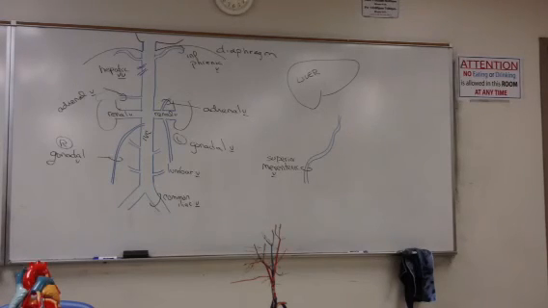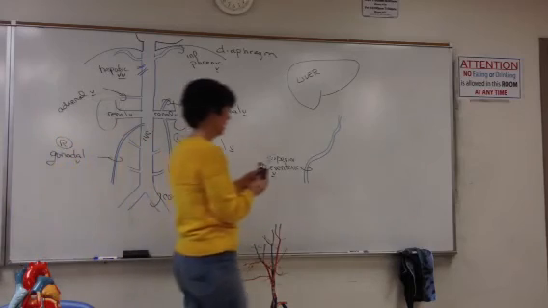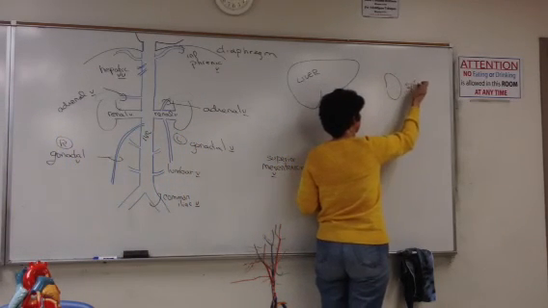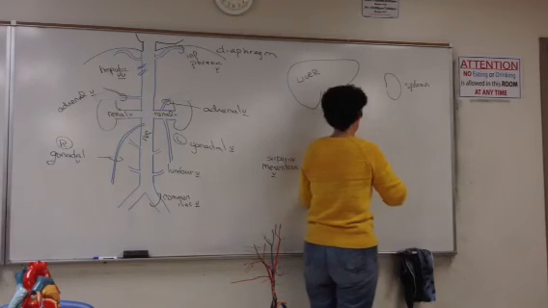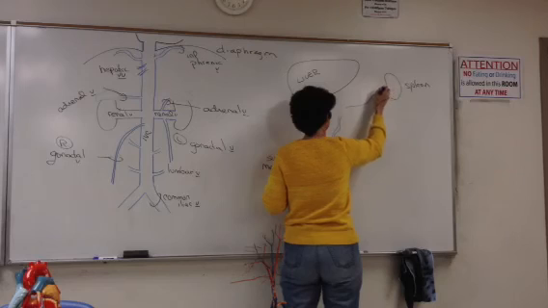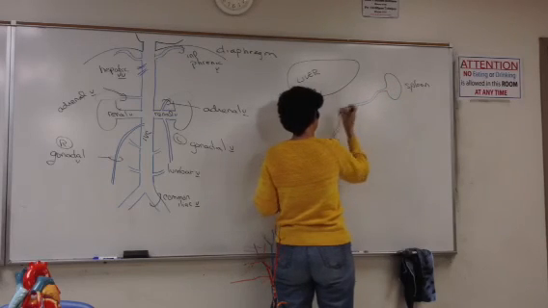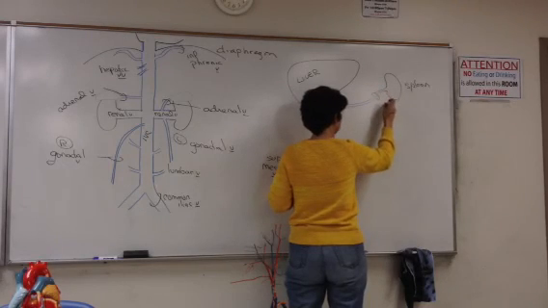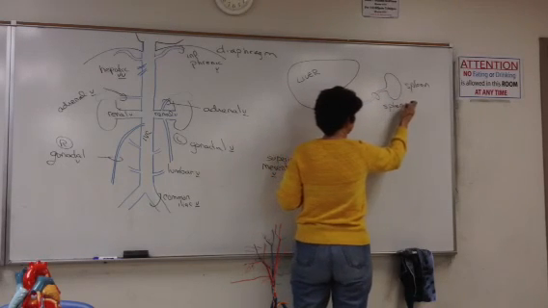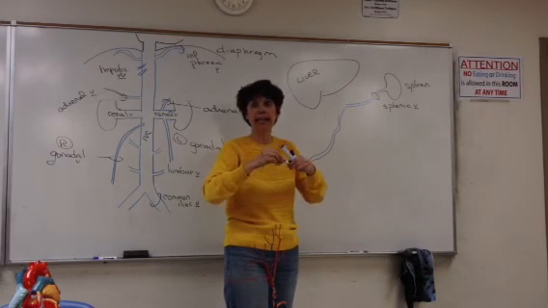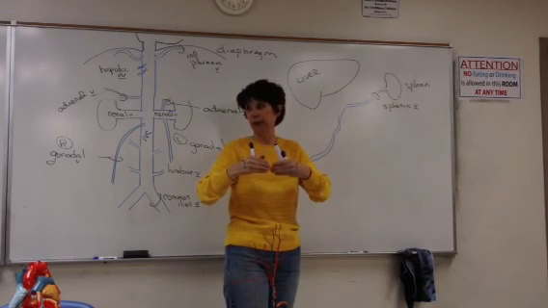Coming from the spleen, we have the splenic vein. And it is those two veins that join together to form the portal vein.